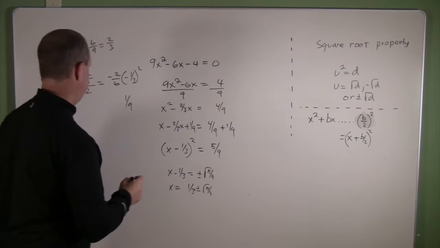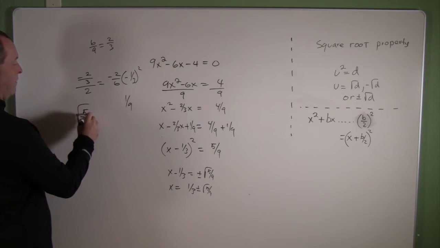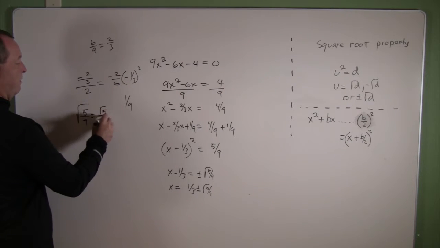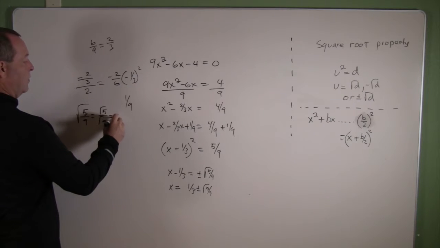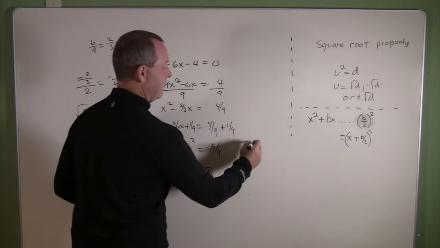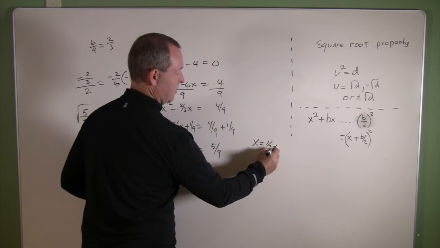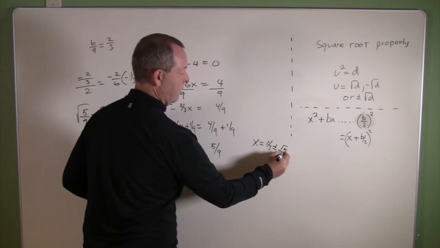I know I'm working out of paper over here. The square root of 5/9 is also written as the square root of 5 over the square root of 9, which is written as the square root of 5 over 3. So now I have x equals 1/3 plus or minus the square root of 5 over 3.